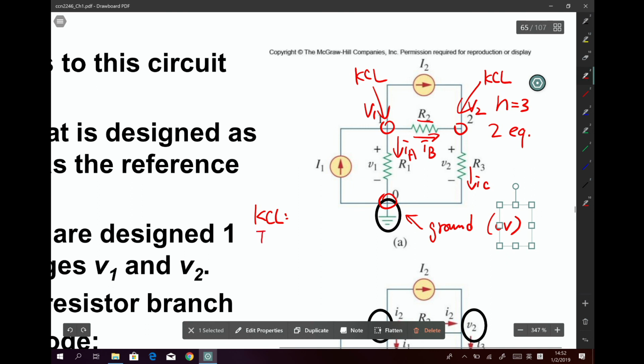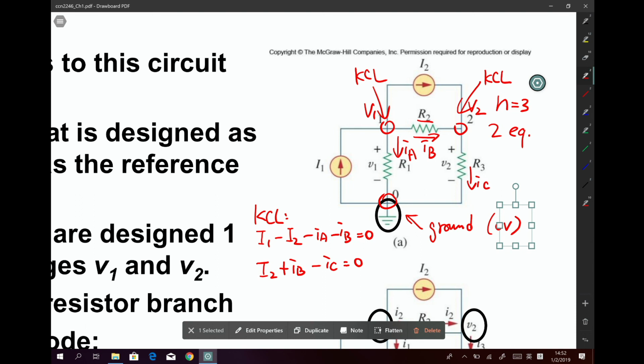So you have I1 minus I2 minus IA minus IB equal to 0, right? Another loop, the KCL, you will find I2, IB are entering, IC is leaving. So you have I2 plus IB minus IC equal to 0.